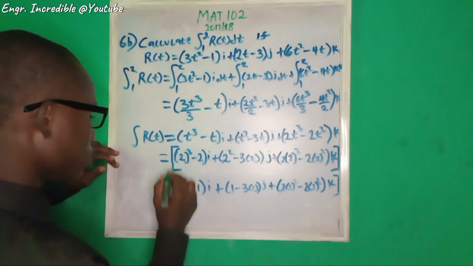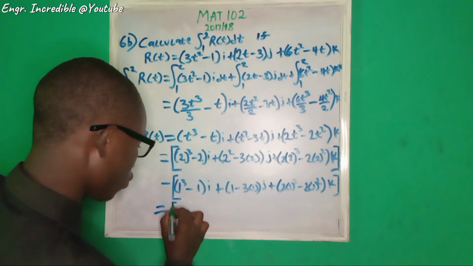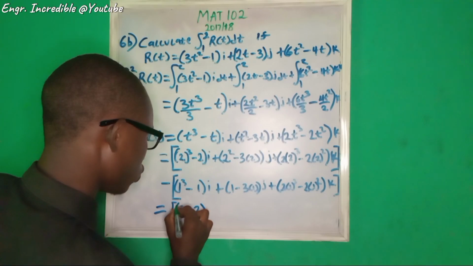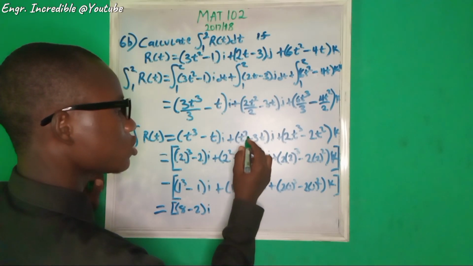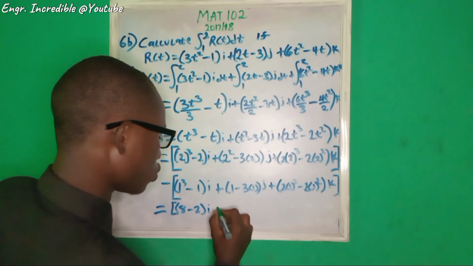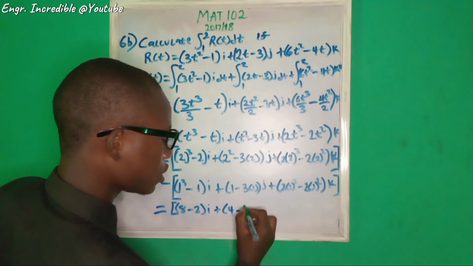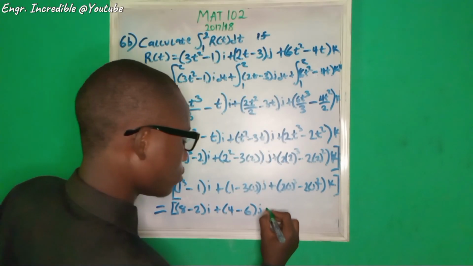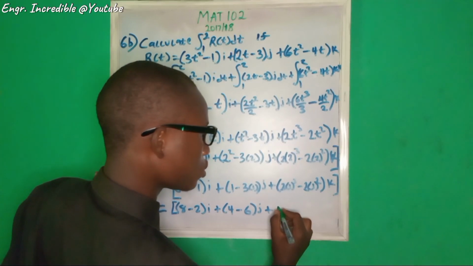So now when it is 2, we continue, we have 2 cube, that is equal to 8 minus 2 close bracket i, then we also have here 2 square, that is equal to plus 4 minus 3 times 2, which is 6 of j, then plus t cube, that is 8 times 2, 16.